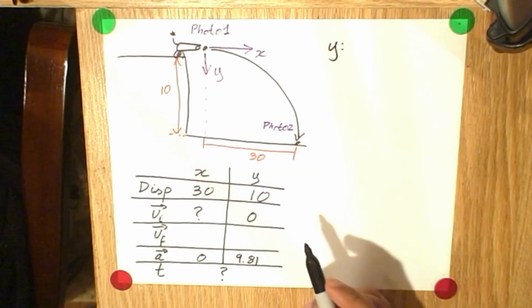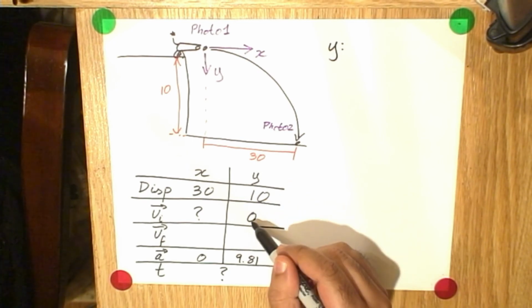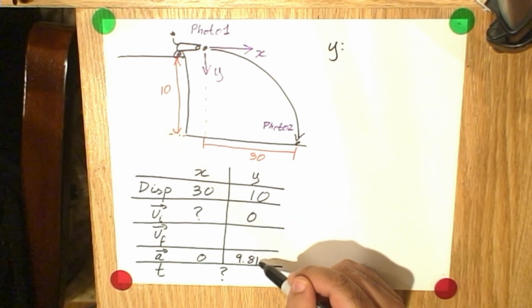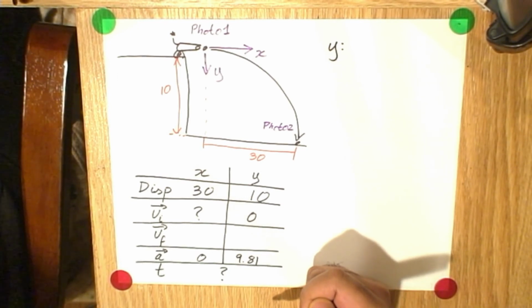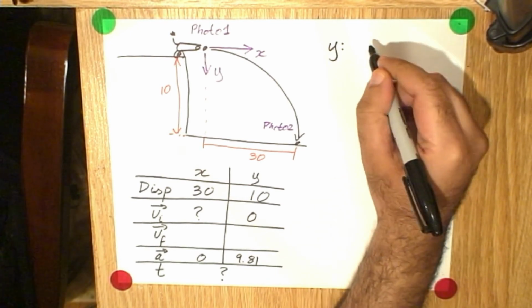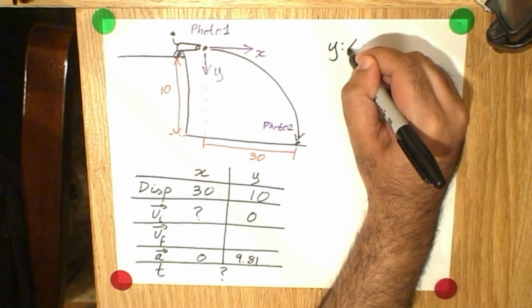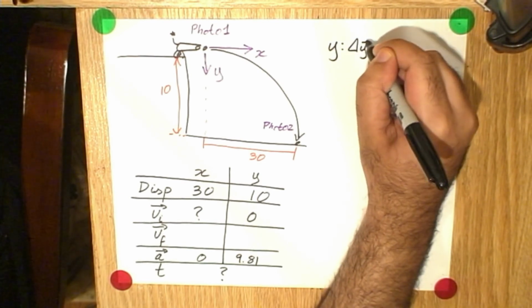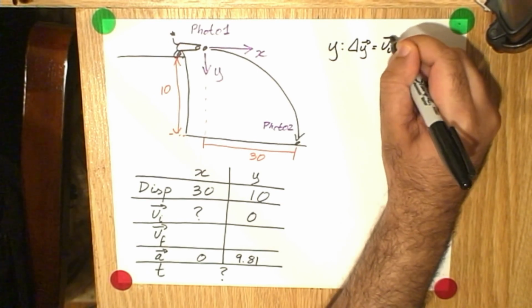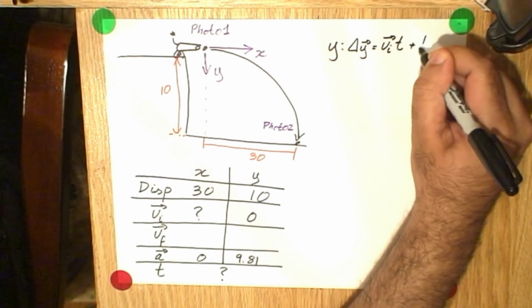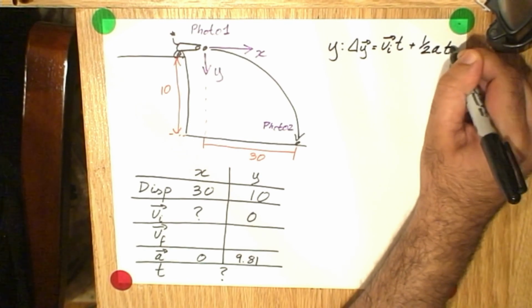In the y direction, we know displacement, initial velocity, acceleration, and we're looking for time. The only equation which weaves together these 4 quantities is equation 2. So delta y is equal to v initial times t plus 1/2 a t squared.